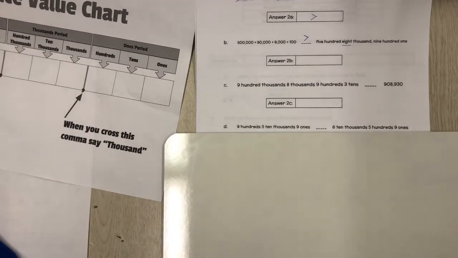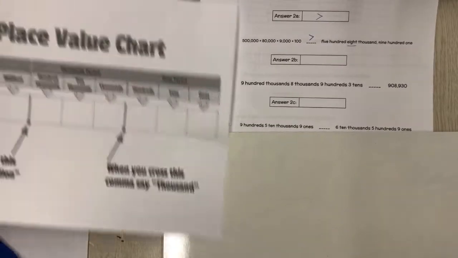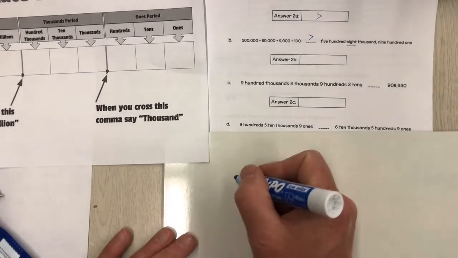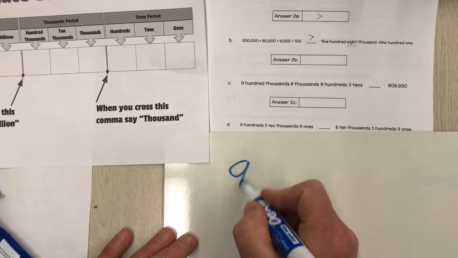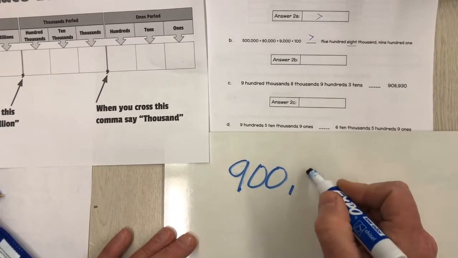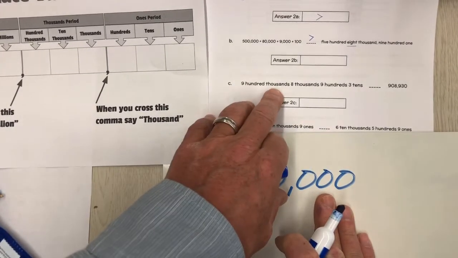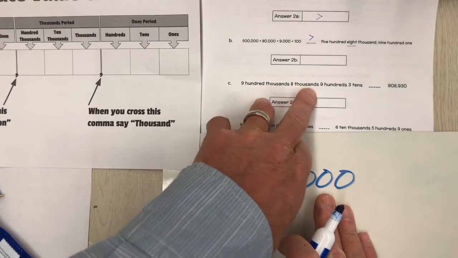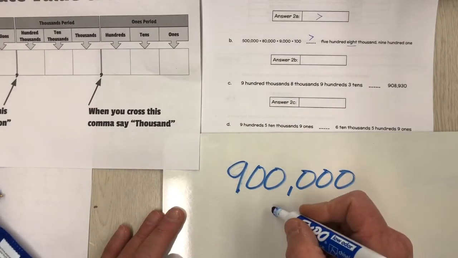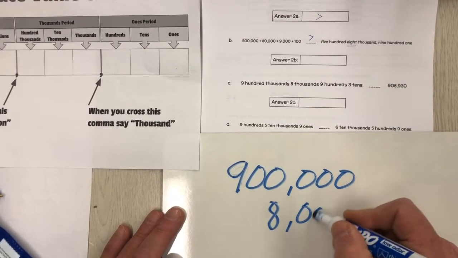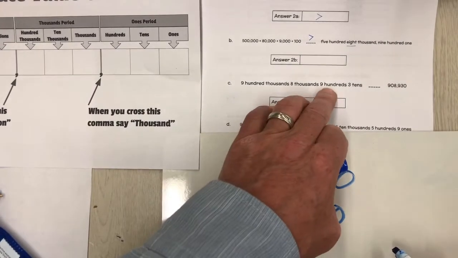So using my place value chart, I can tell that 900,000s is going to look like this. 900,000s, that's that one. 8,000s. So then I got 8,000s. And then I got 900s.